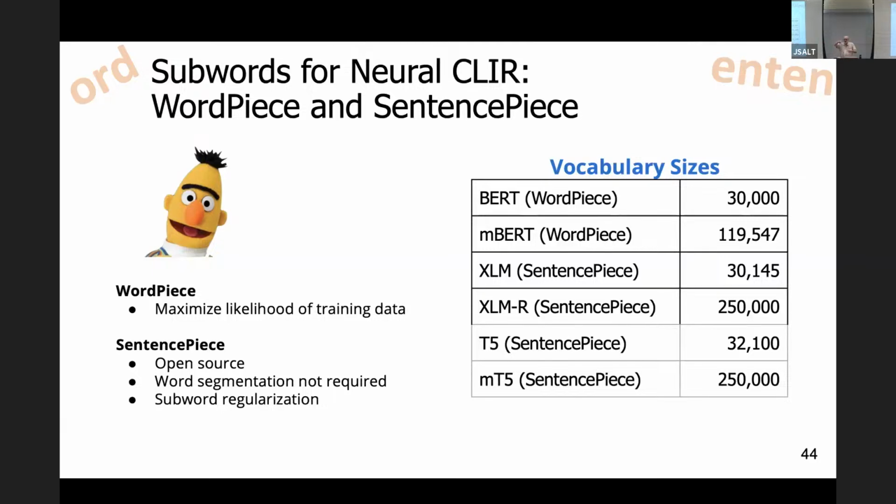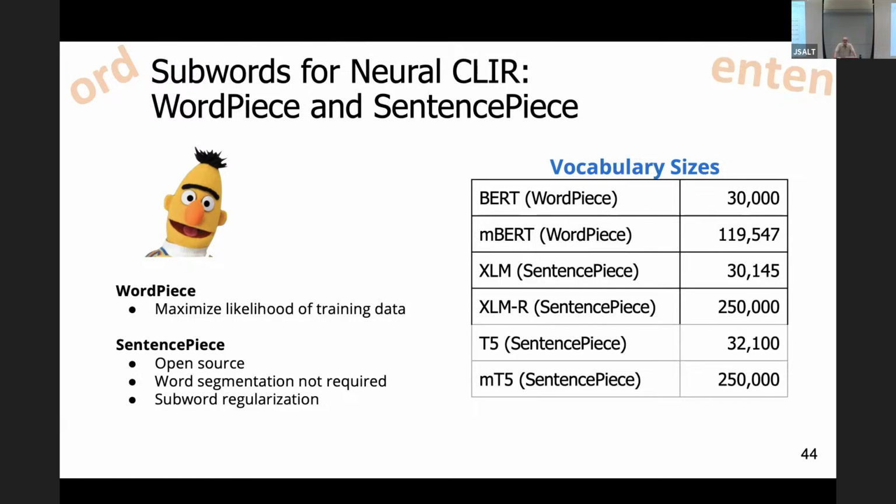Let me just point here and then I'll talk about that. There are two main flavors that are often used these days, word piece and sentence piece, and they handle these questions differently. For example, in word piece, you have to segment the words first. You have to have a word segmentation, and you do that step before you do the tokenization. That means it works fine on English, maybe not so well on Chinese, because you don't know where the word boundaries are.